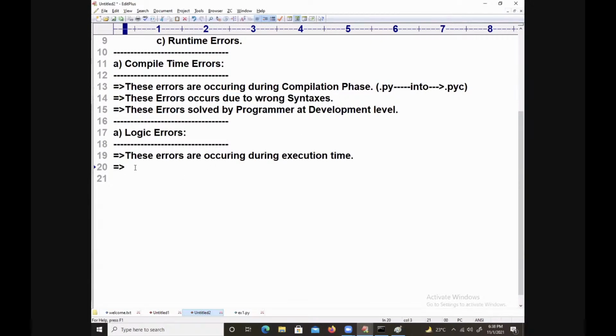These errors occur due to wrong representation of logic, or invalid representation of the logic.